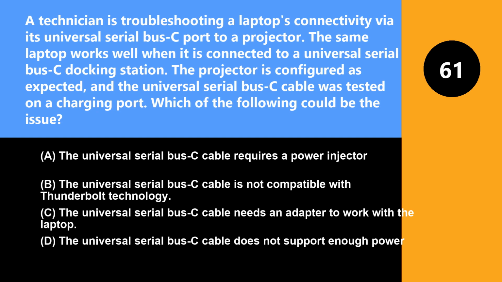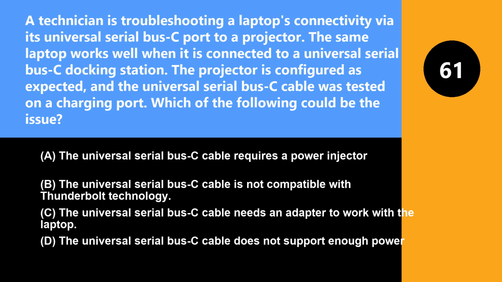Question 61. A technician is troubleshooting a laptop's connectivity via its Universal Serial Bus C port to a projector. The same laptop works well when it is connected to a Universal Serial Bus C docking station. The projector is configured as expected, and the Universal Serial Bus C cable was tested on a charging port. Which of the following could be the issue? Option A. The Universal Serial Bus C cable requires a power injector.